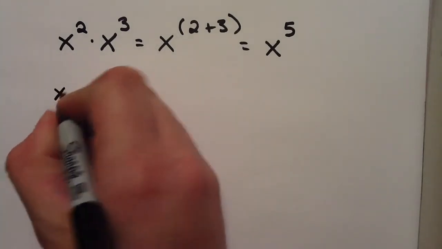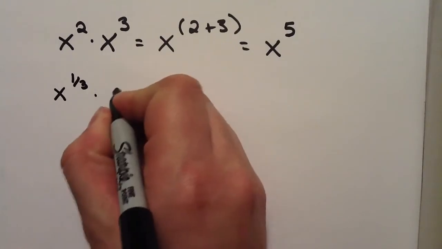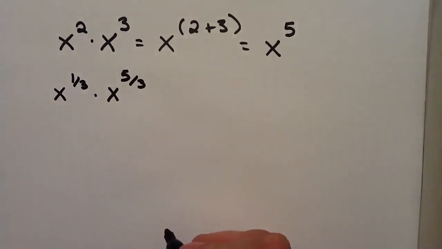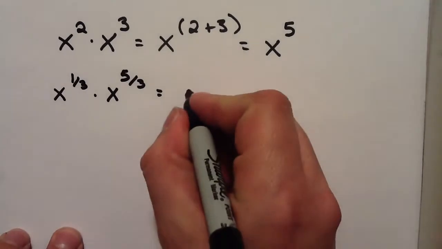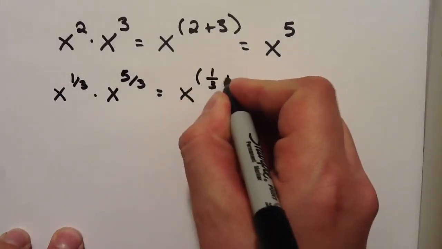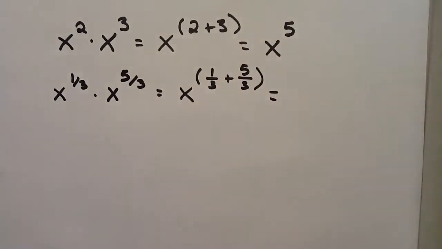So I'm given something like x to the 1/3 times x to the 5/3 equals, just adding the exponents, I have like bases, x to the 1/3 plus 5/3 equals.